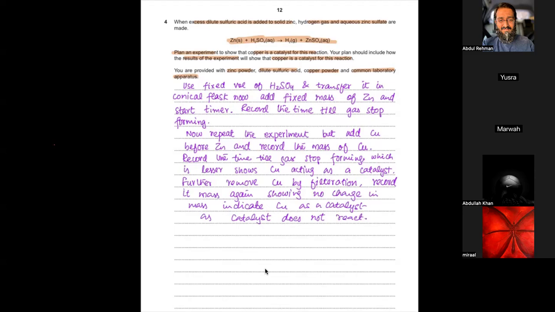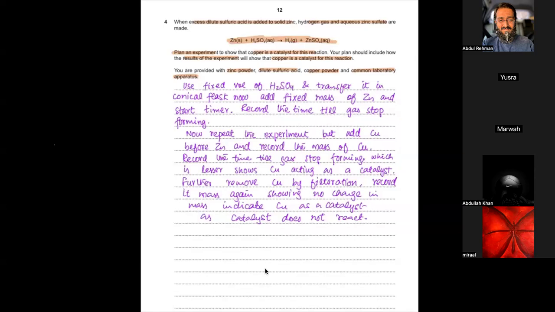Sir, why is the gas produced less? Because we are adding zinc, the same reaction is taking place, isn't it? Yes. See, this reaction is occurring once without copper and secondly with copper. With the copper, the gas would form more quickly, and the reactants will turn into the products in lesser time.